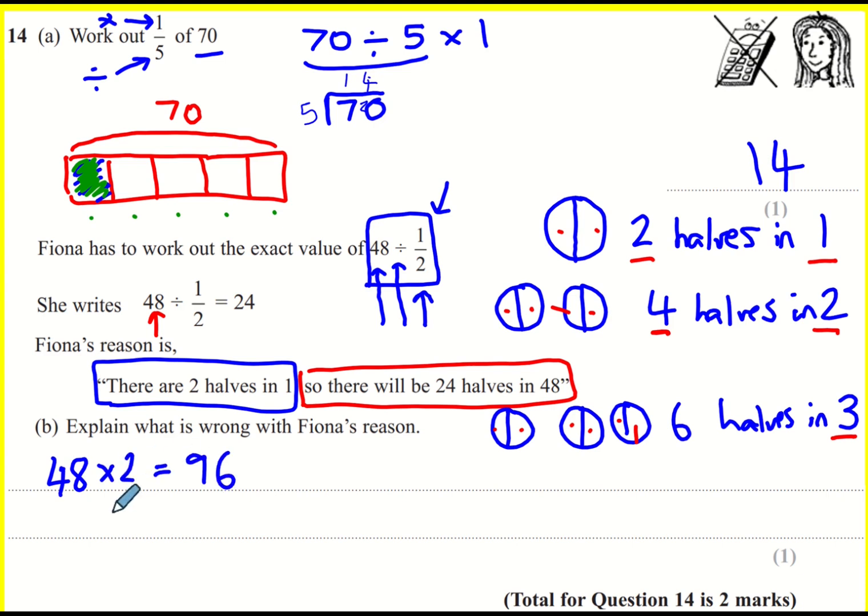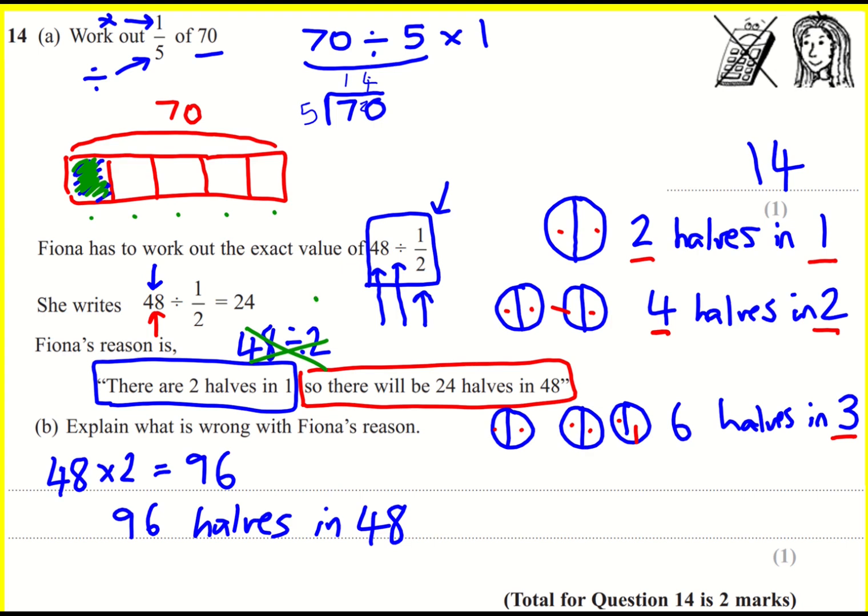There are actually 96 halves in 48, because we're actually doubling the number that we've got initially. What she's actually done is just 48 divided by 2 to get 24. But this question is not 48 divided by 2, it's 48 divided by a half, which is very different.